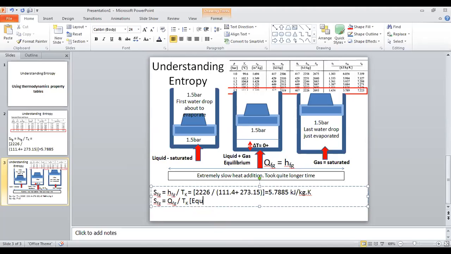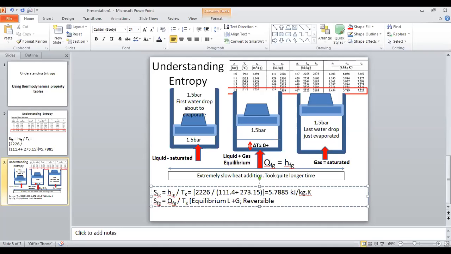So all the while following an equilibrium process, it's liquid plus gas in equilibrium all the while. And we call this also reversible. We have to learn what reversible means.